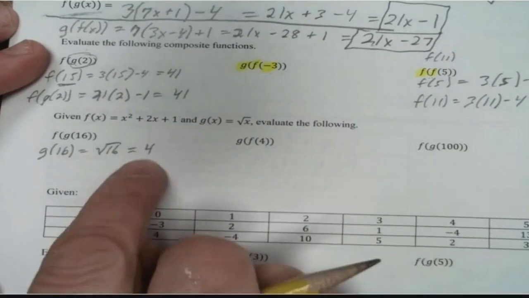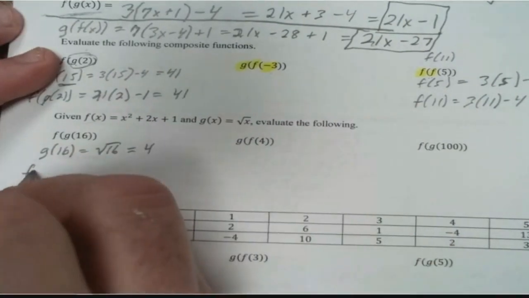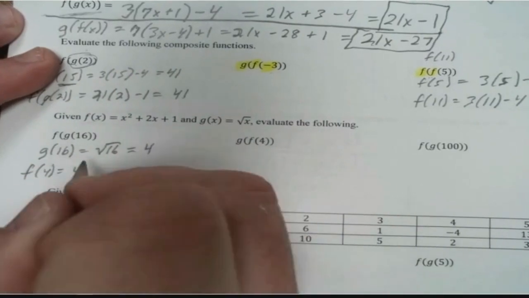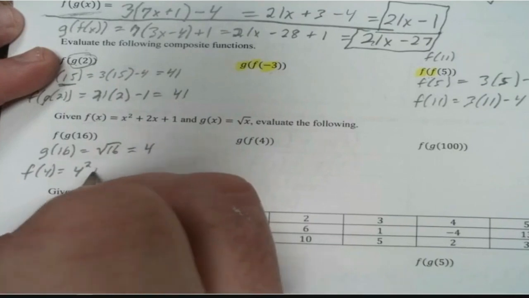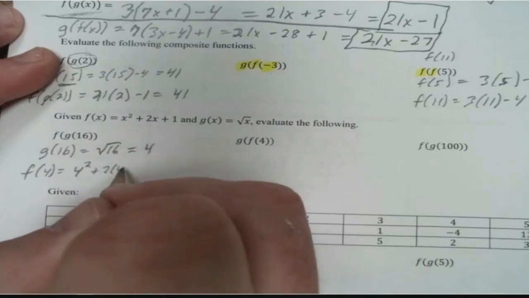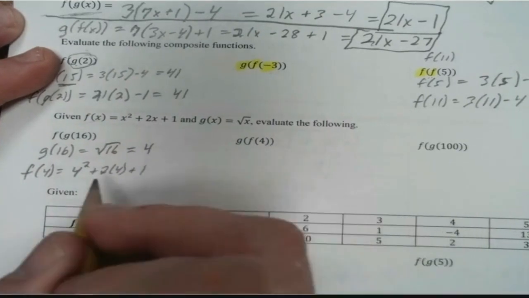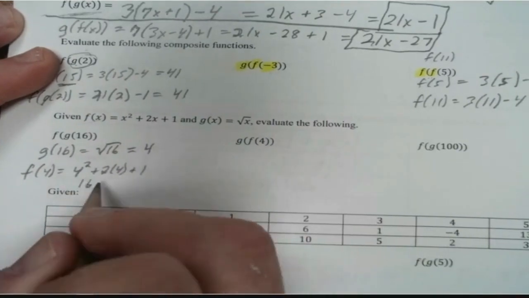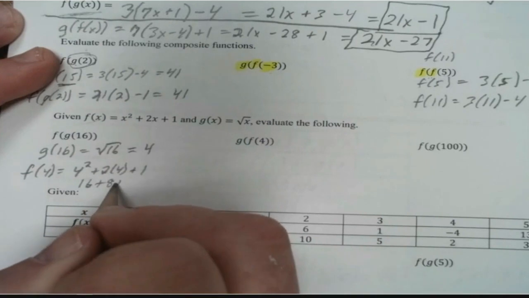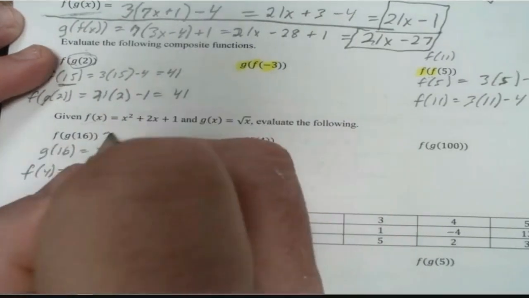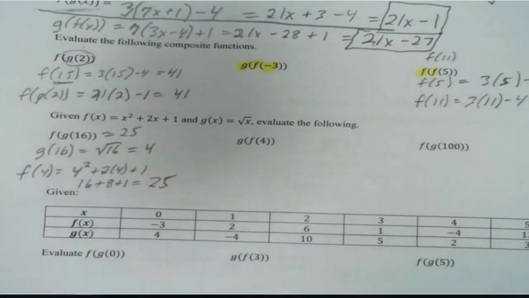So f of 4 equals 4 squared plus 2 times 4 plus 1. So that's 16 plus 8 plus 1. So that equals 25. This equals 25. F of g of 16.